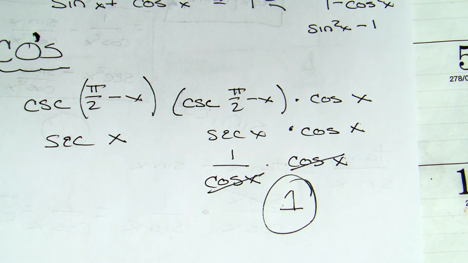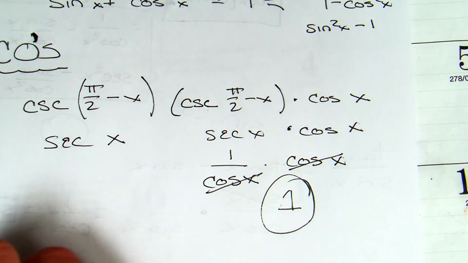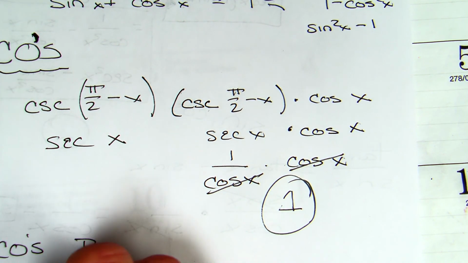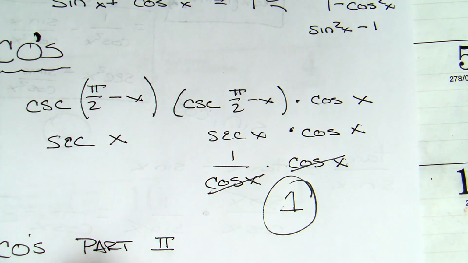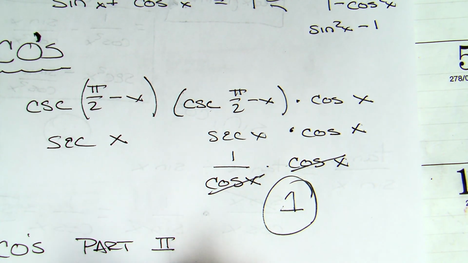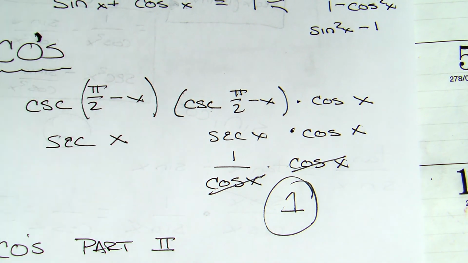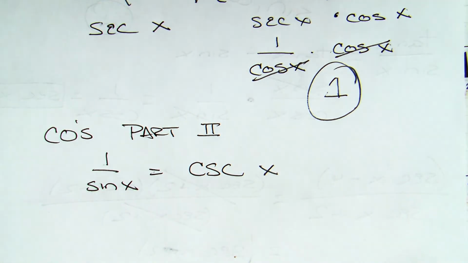The other reason co's are huge is they help us with the reciprocal identities. So in other words, 1 over sine x is cosecant x.